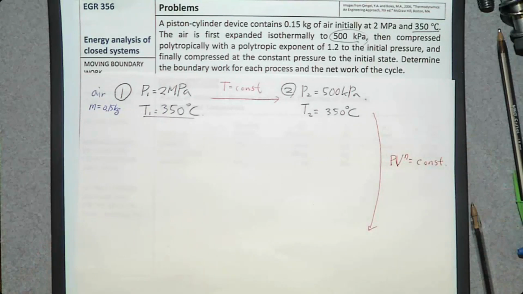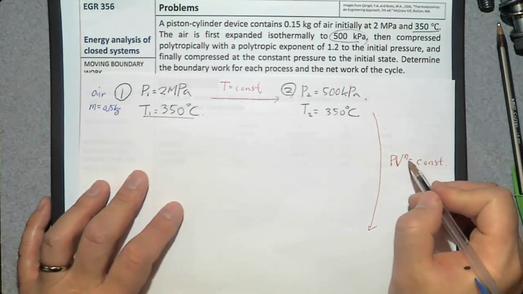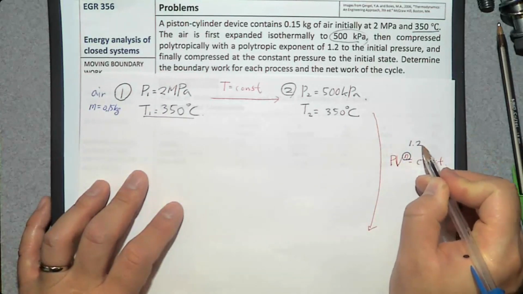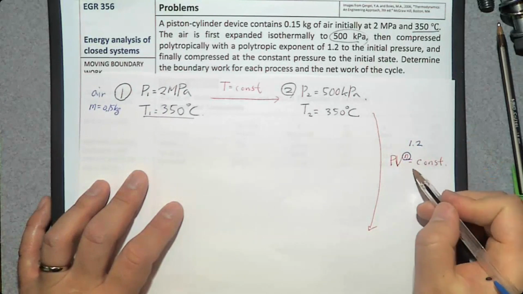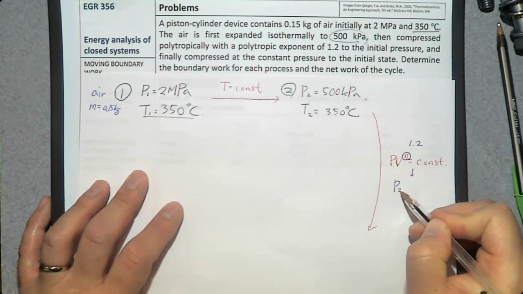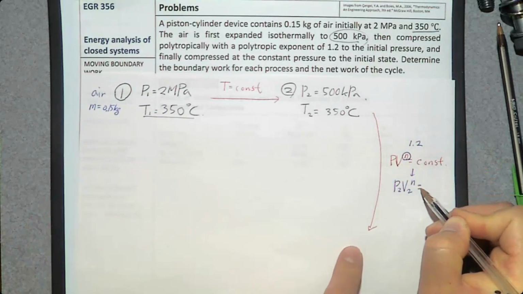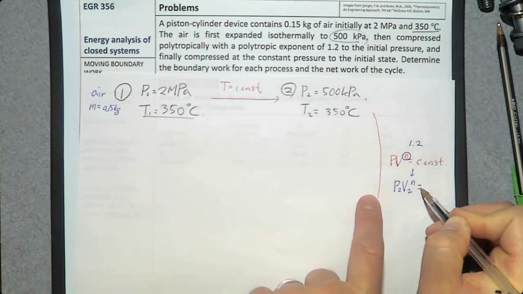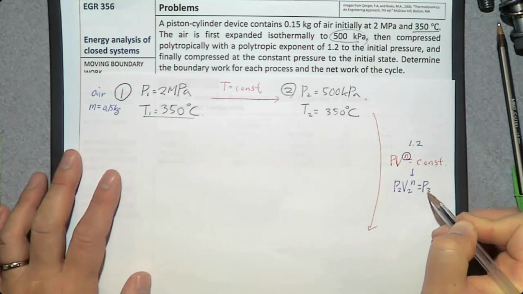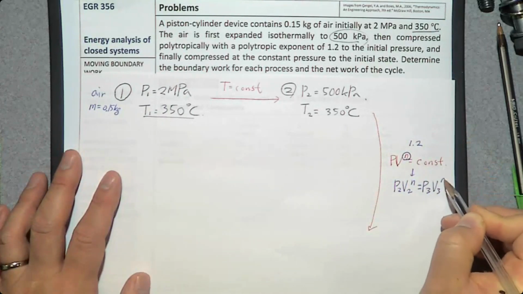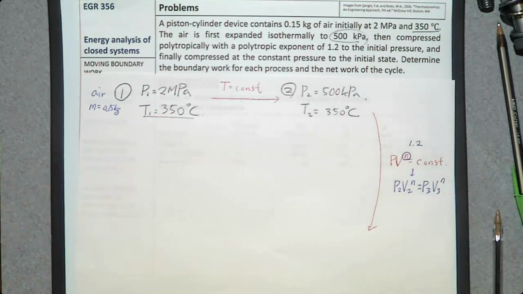And the polytropic exponent is 1.2. So how can we use this equation? P2V2 to the power n equals P3V3 to the power n, where 3 is the final state of this process. We can do that.